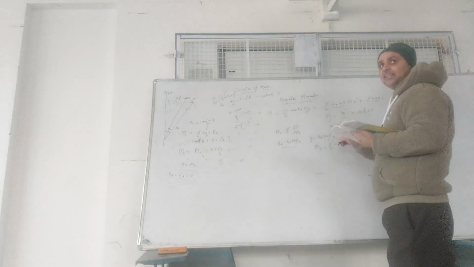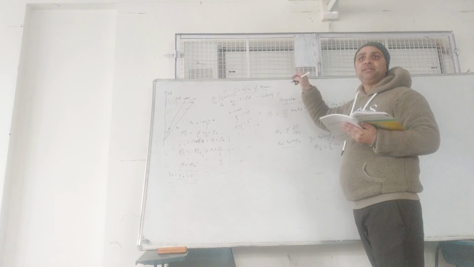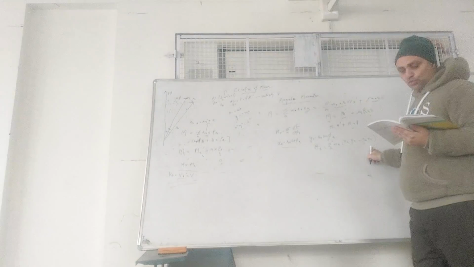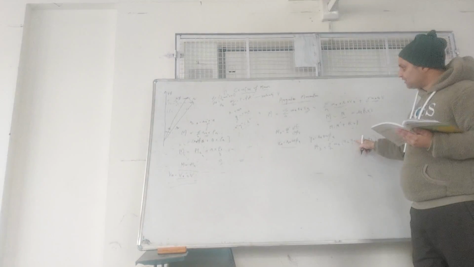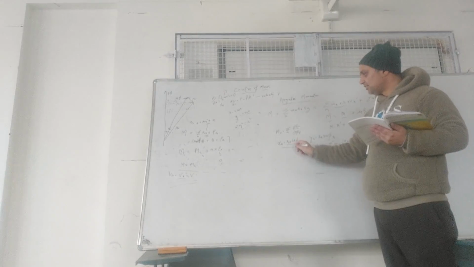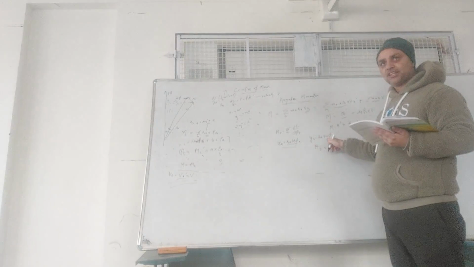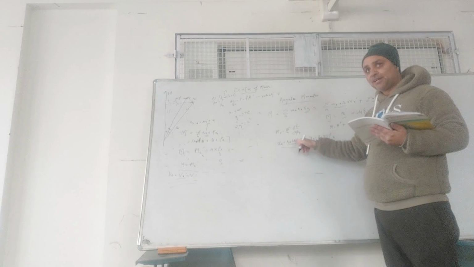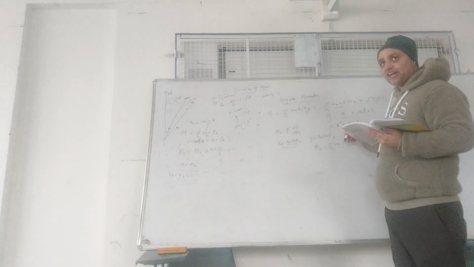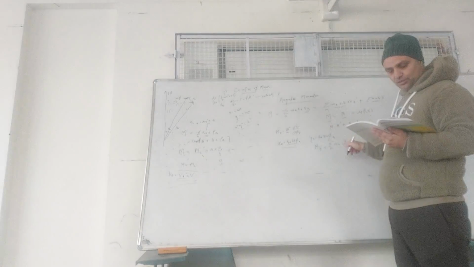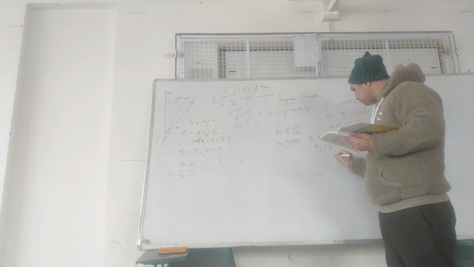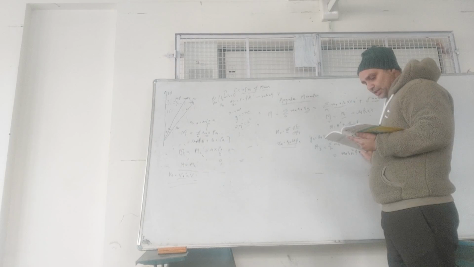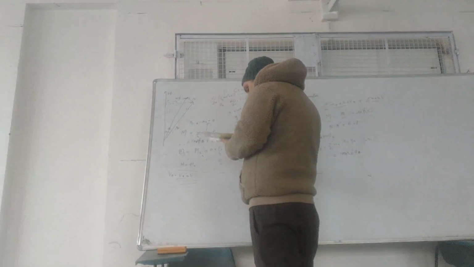We write angular momentum like this: L is equal to p_x y minus y p_x, right? Now the only thing is that in place of x and y we have to write x dot and y dot. Take the derivatives: this will give phi dot, this will give sin phi, minus sin phi, cos phi, minus sin phi dot, cos phi dot. Both of these we are going to see in the Lagrangian, so you just put it in place, and the Lagrangian of the system will come out to be this.